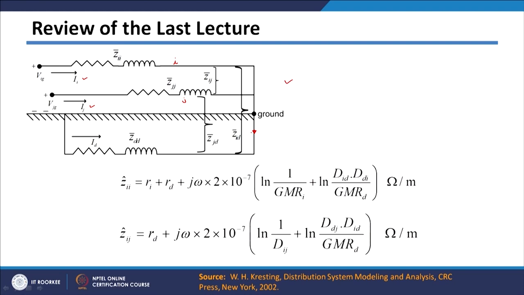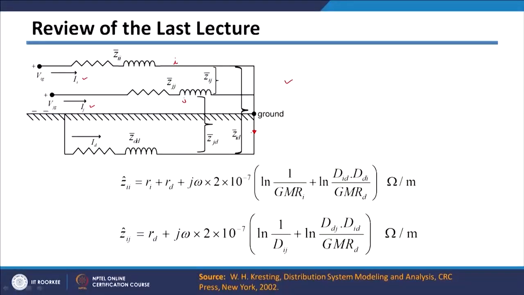Because of this current, the self impedance of conductor I as well as conductor J will get modified, as well as the mutual impedances between the conductors. In the last class we have derived those modified expressions of impedances, ZII cap and ZIJ cap. So, mutual impedance between I and J will get modified like this, and self impedance of conductor I will get modified like this.